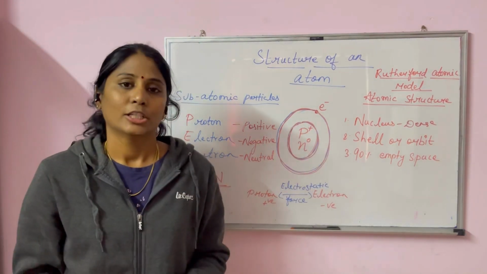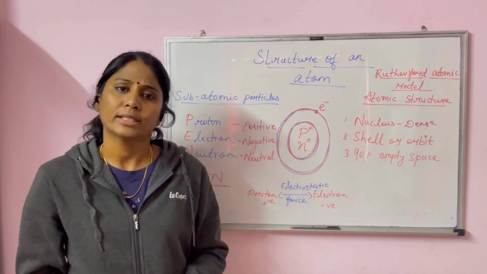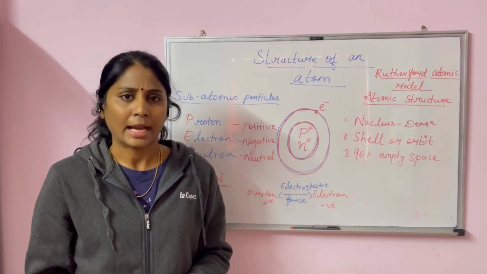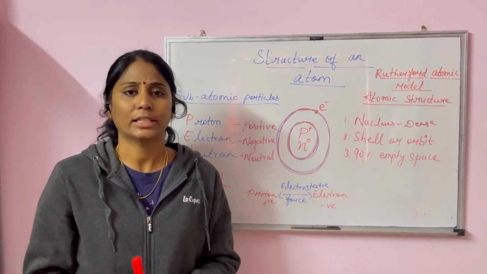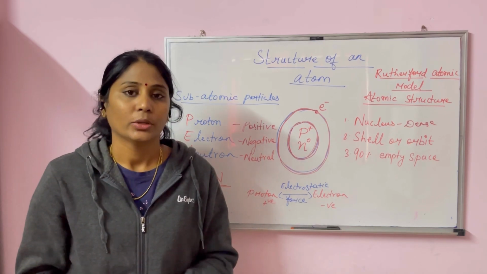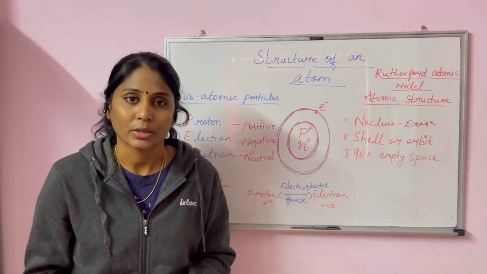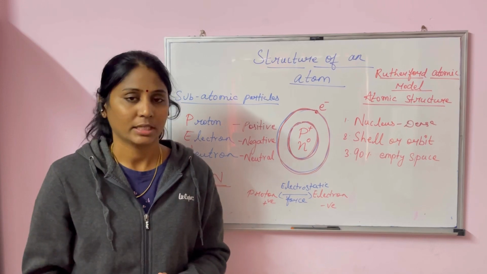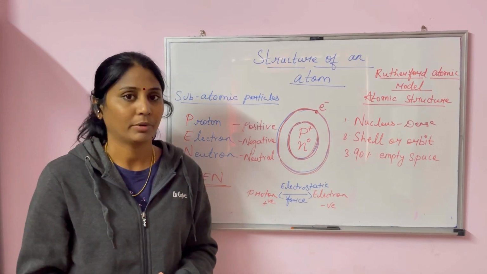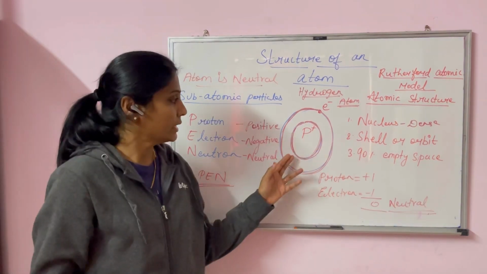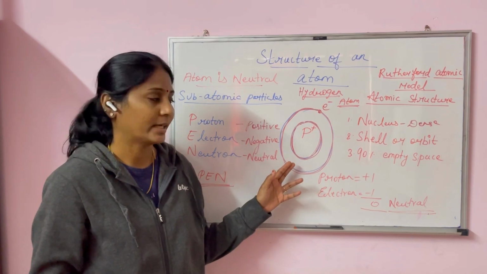Suppose they ask what is the charge of an atom, the charge of a whole individual single atom, you have to say that it is neutral. Okay, so I will explain the reason for that using the example of a hydrogen atom. This is the structure of a hydrogen atom.